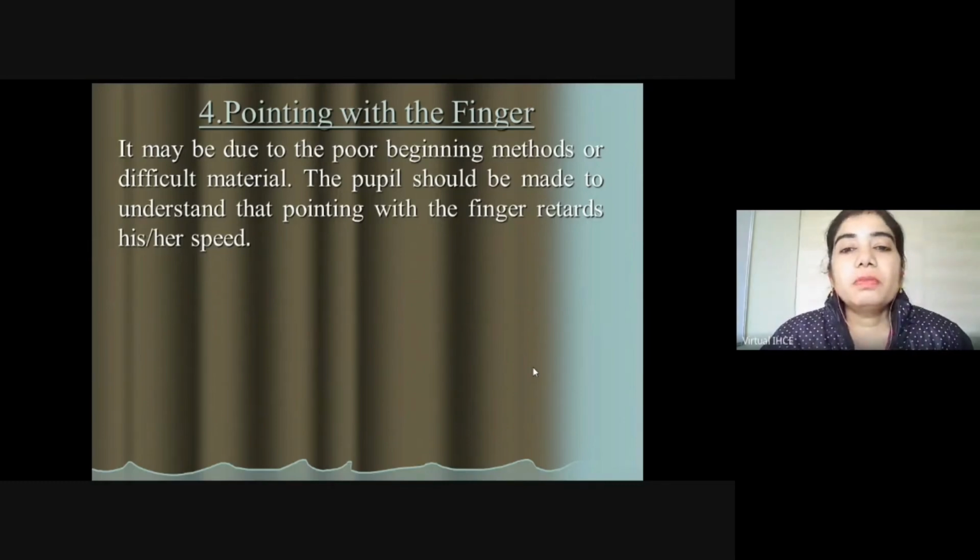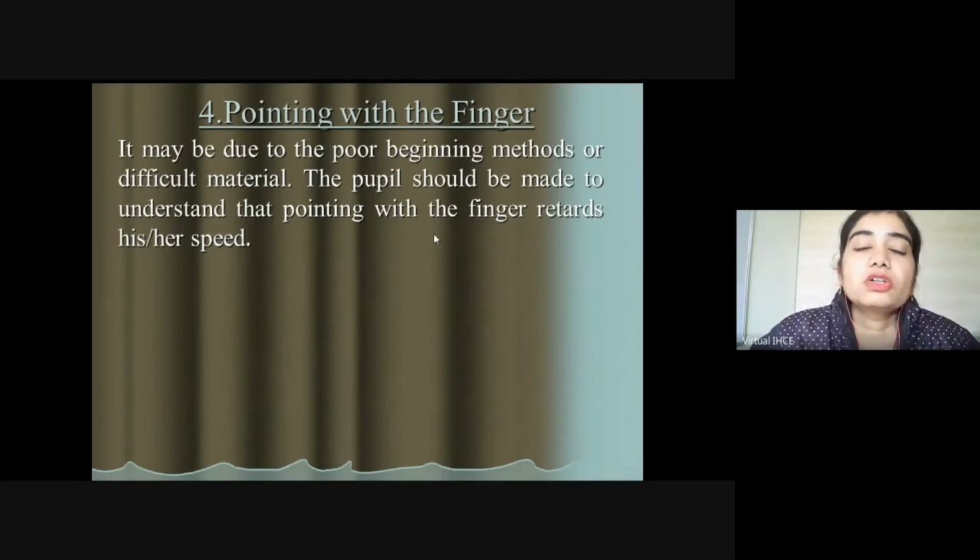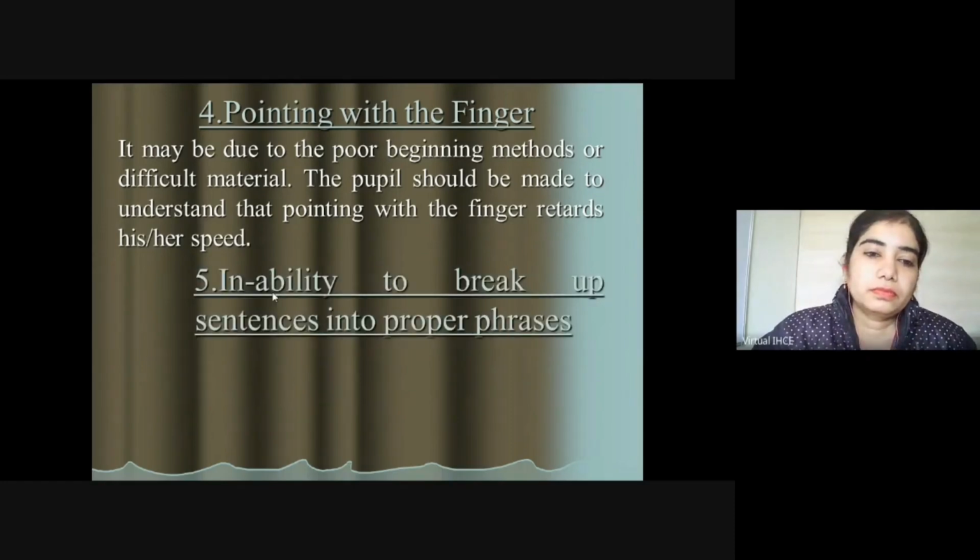They think that it will become more, but the speed of reading becomes less when you point the finger towards the material to be read. So the students should be told not to point the finger, and they also should be told that this retards the speed of reading. This is not a good habit of pointing with the finger.